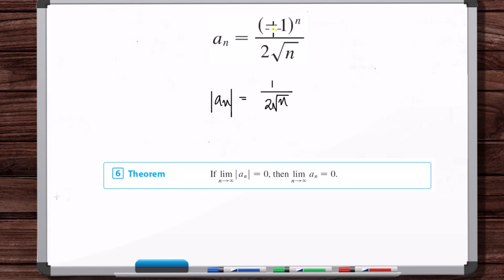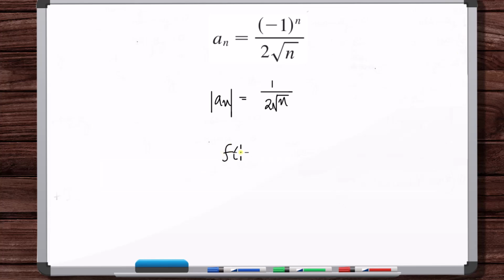You take out this -1 to the n, because it's always just positive. If the limit of this sequence equals 0, then the limit of this sequence is equal to 0. If it's not equal to 0, then this theorem doesn't help us.